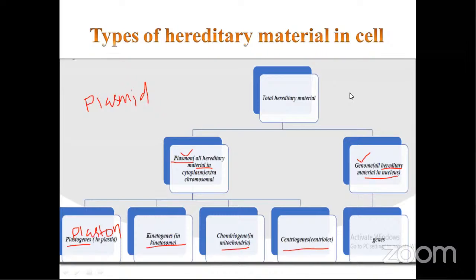They are present in various numbers, one or two, or multiple, based on what action they have and what they do for the cell. They used to have beneficial roles for the survival of the bacteria or the organism carrying them, so they propagate and are carried from generation to generation.